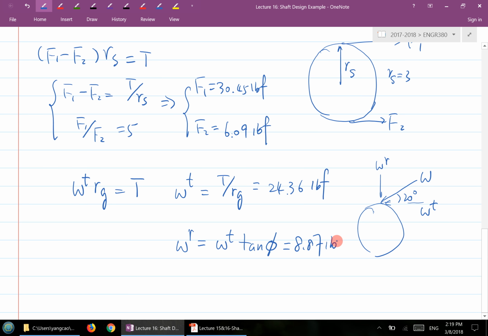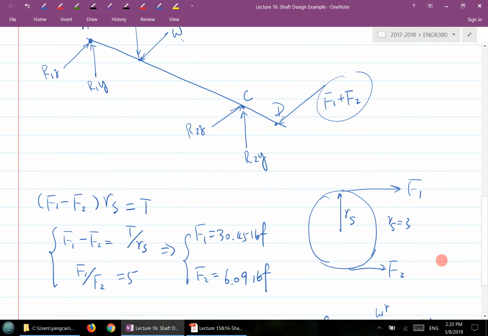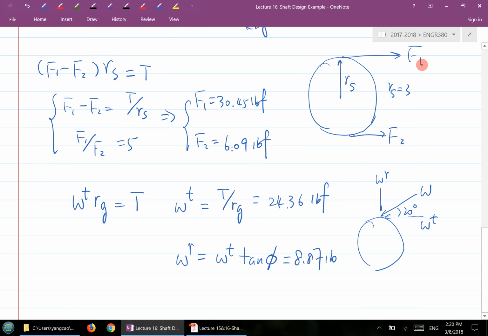Right. So that figures out all of the external forces from the gear and from the sheave. Now you can make use of the equilibrium equations to figure out R1Z, R1Y, R2Z, and R2Y. There's a software called MD Solid.